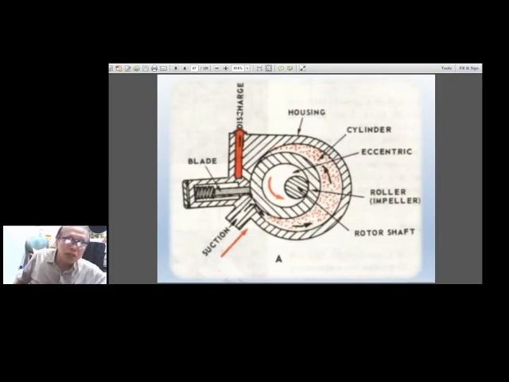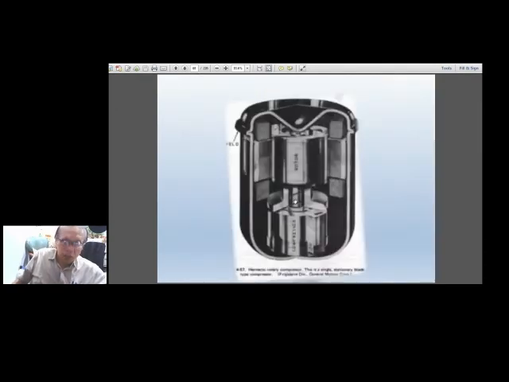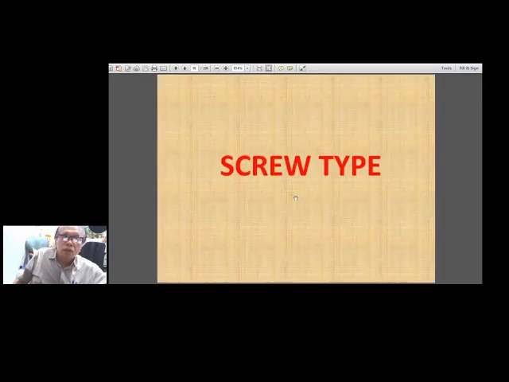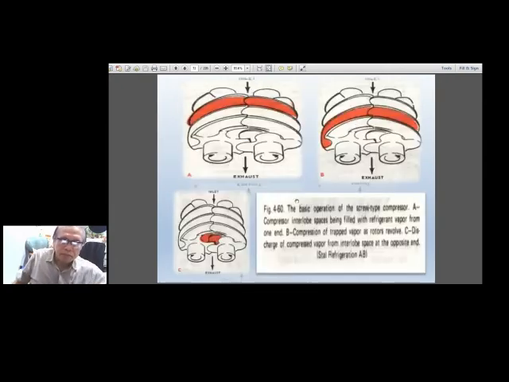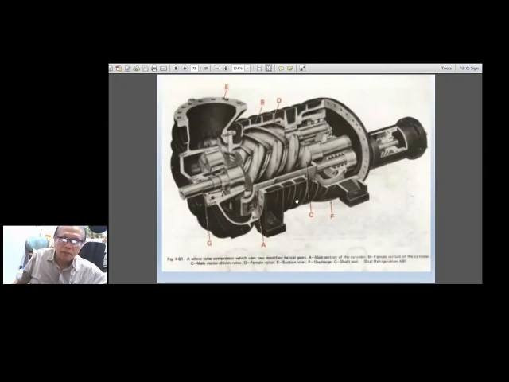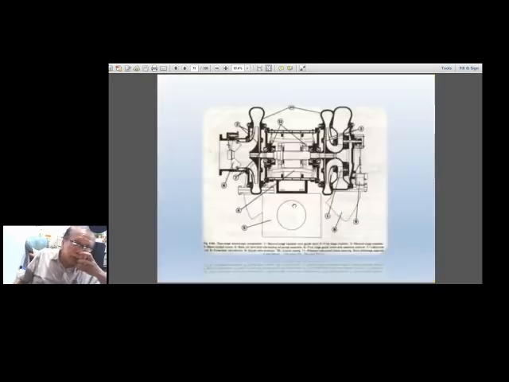So maliit yung discharge na. Anyway, screw type. So now you have the screw compressor. And the centrifugal type.